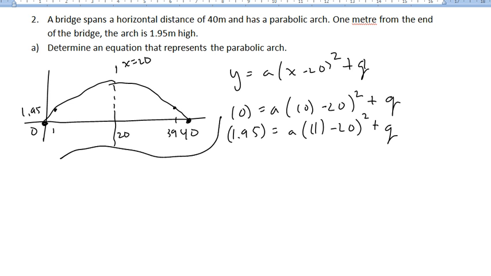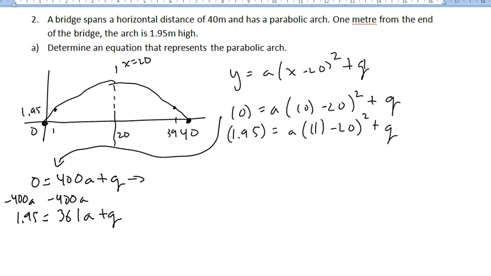All right, so let's move down over here. So we end up with 0 equals negative 20 squared, which is 400a, plus q. And we've got 1.95 equals 1 minus 20, which is negative 19. Square that, we get 361a plus q. And same as on the last page, I'm going to use substitution, so I'm going to subtract 400a from both sides on the top one.